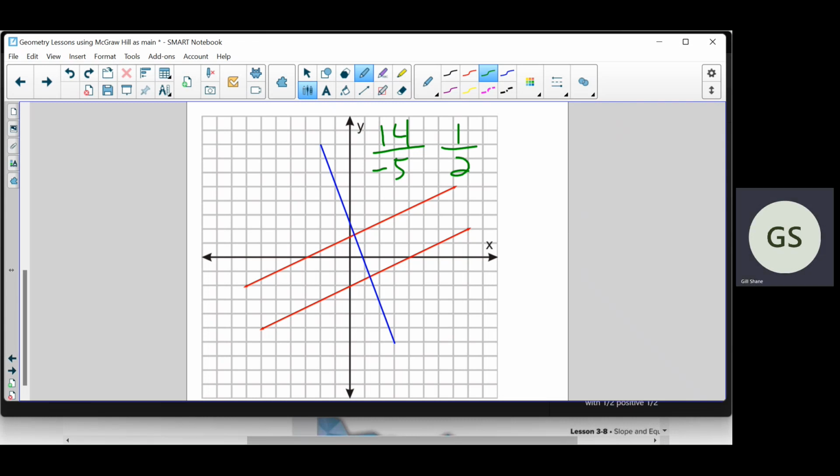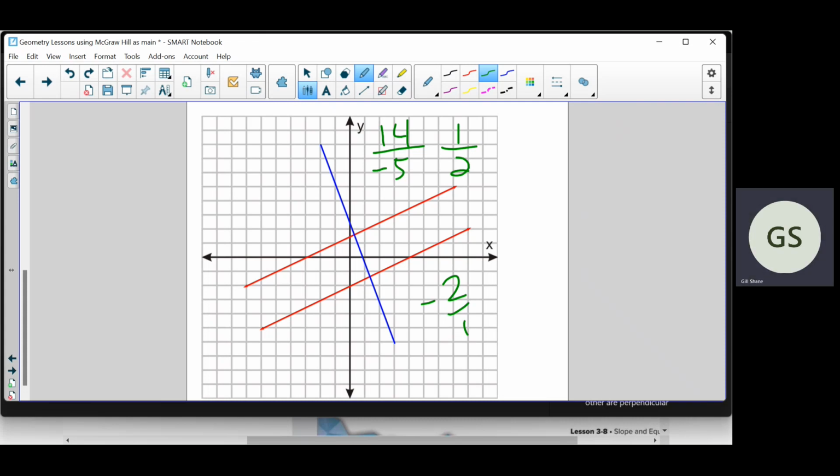In order to determine if they're perpendicular, there's two ways to do it. One, if you understand what the inverse is, if I take 1/2 and make it the inverse, it's negative 2 over 1. That would be a perpendicular line. Slopes that are the inverse of each other are perpendicular.